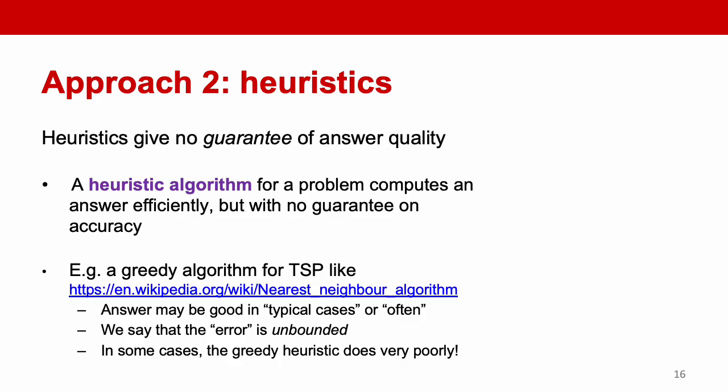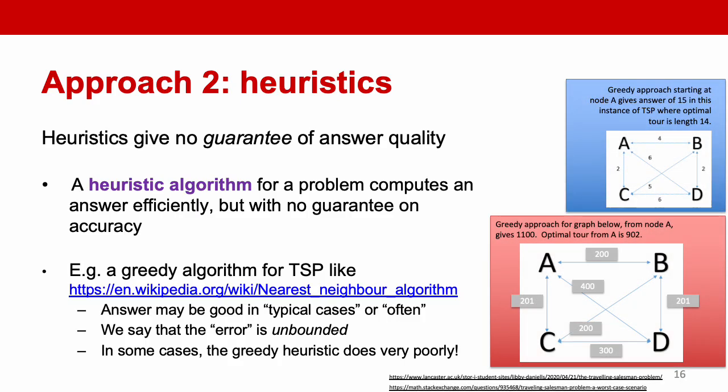But here are some nasty cases where it doesn't work. And here are some more realistic cases where it doesn't work. Having some ideas about where those things are and whether those cases are truly pathological or whether it's a common thing to find is also important to your development as a computer scientist. All right, I'm not going to go over this, but there is a greedy algorithm for TSP, which we might come back to later.